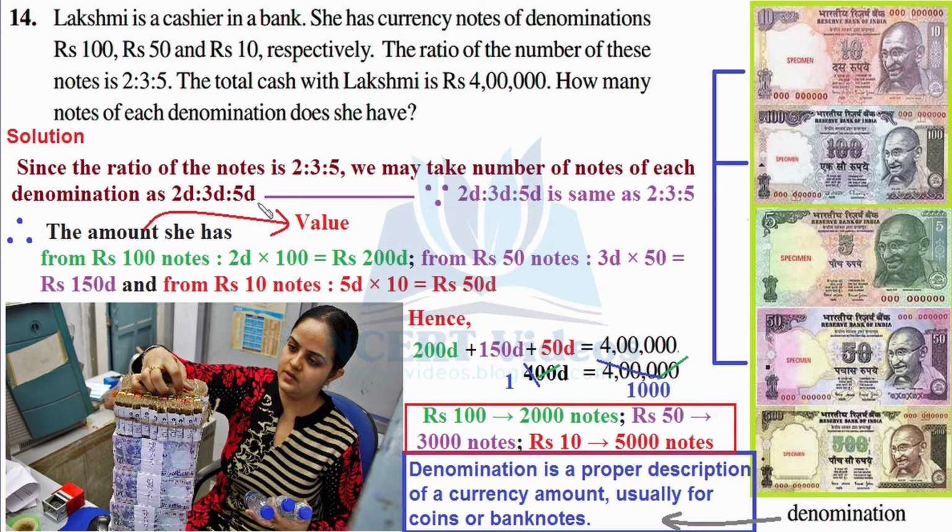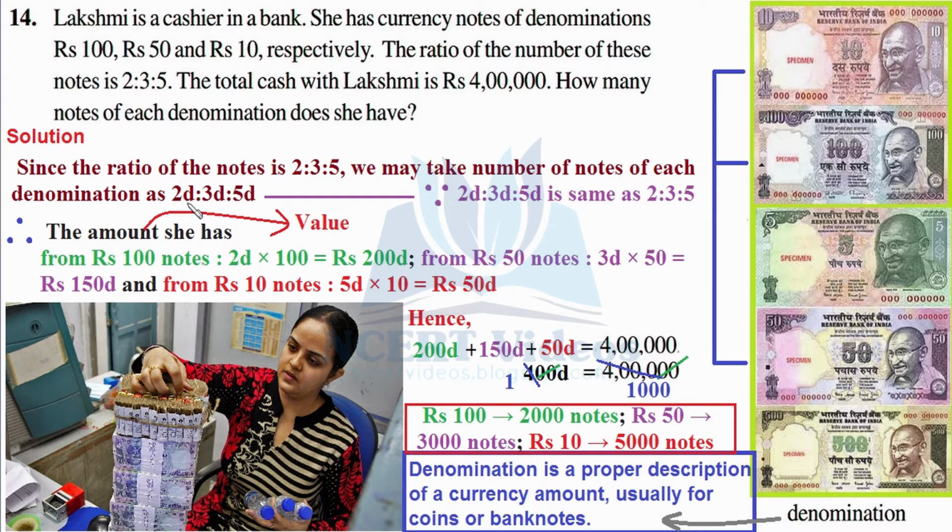Small d, because variables are written with small letters, and we are taking d because the initial letter of denomination is d. And what allows us to write this? In mathematics, 2D ratio 3D ratio 5D is the same as 2 is to 3 is to 5. We are not changing its value because this D can be cancelled out to give us back 2, 3, 5.